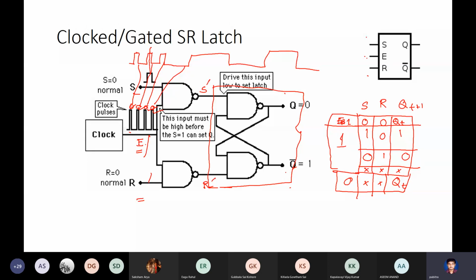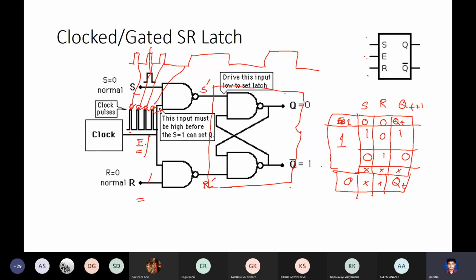So in that period, whatever change in input is there will be reflected in the output. What we want is that in one clock pulse, only one transition should happen. Just one single transition should happen.